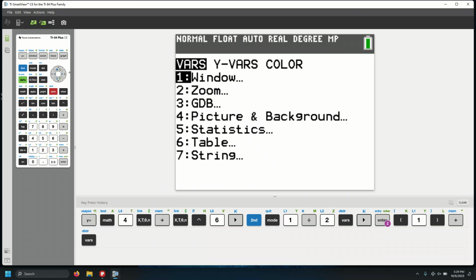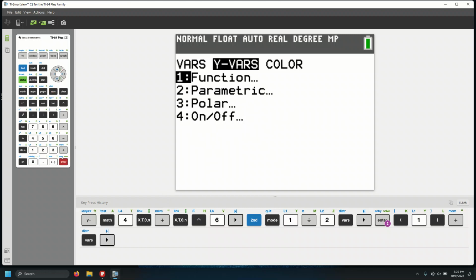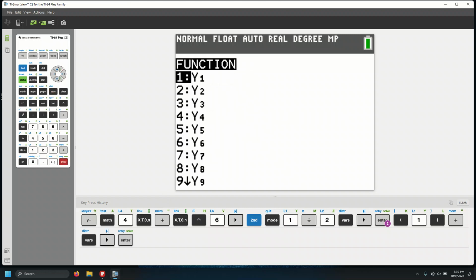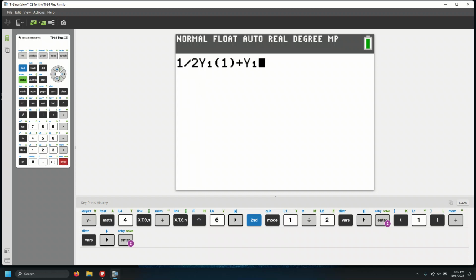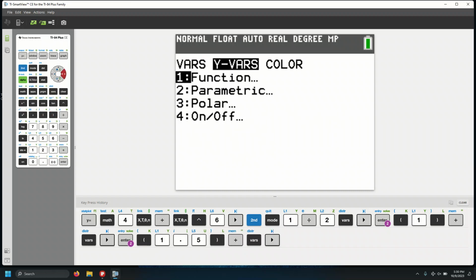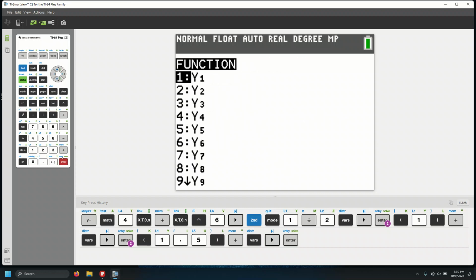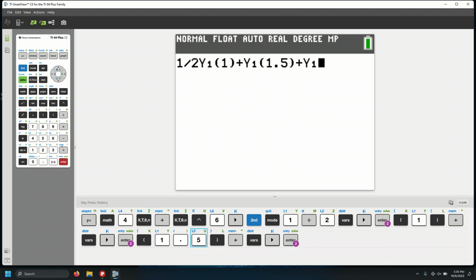That'll be vars, y vars, function number 1, click enter, choose y sub 1, and open parentheses to evaluate it at 1.5. Close parentheses, plus vars, y vars, function, y sub 1, and open parentheses to evaluate it at 2. Close parentheses once you're done evaluating it at 2.